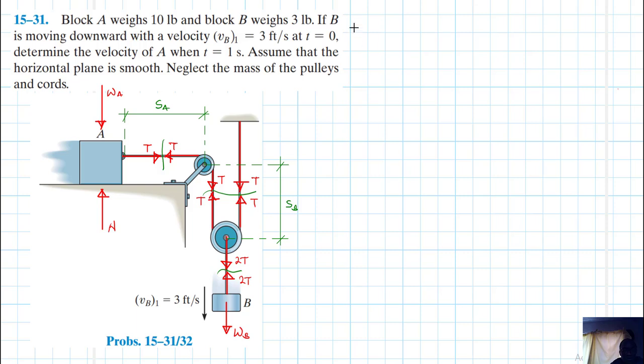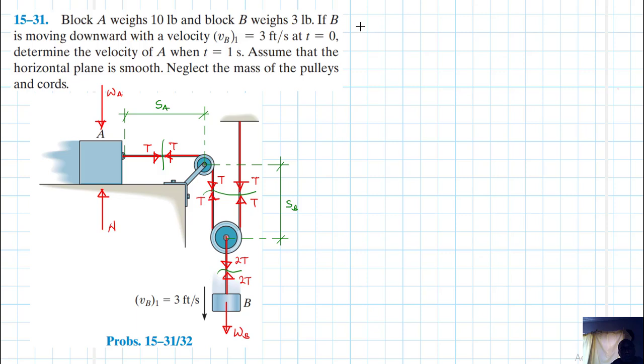So, using kinematics, what are we using here? We're using the relationship between SA and SB.